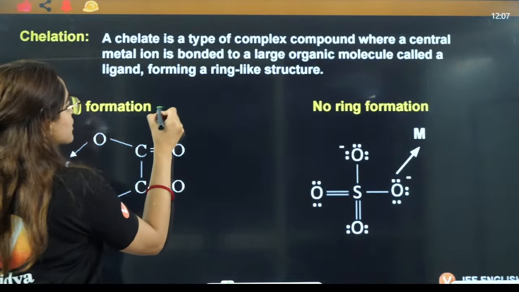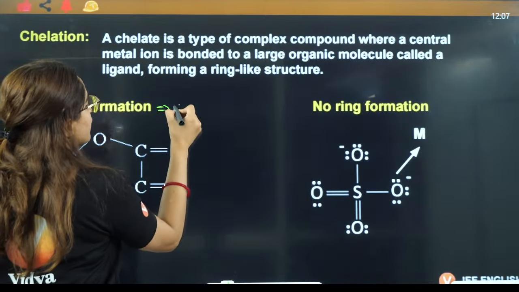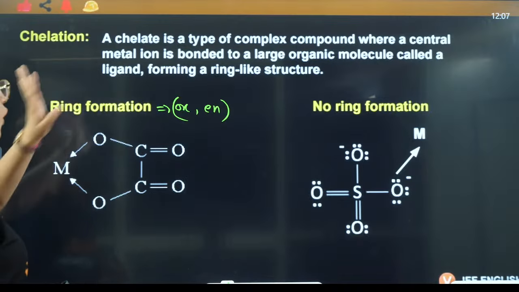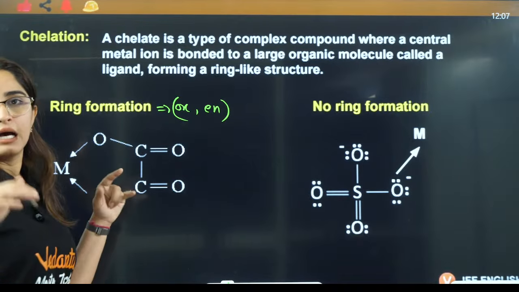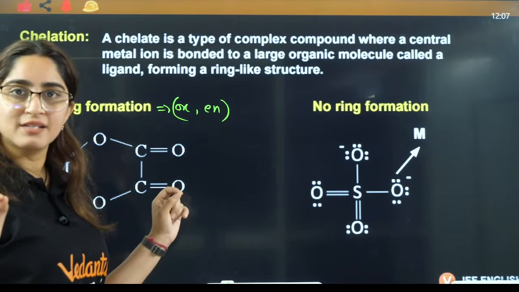Ring formation is there in oxalato and in ethylene diamine. That is called chelation, and because of the rings, it makes the compound very stable. So chelated compounds are quite stable.